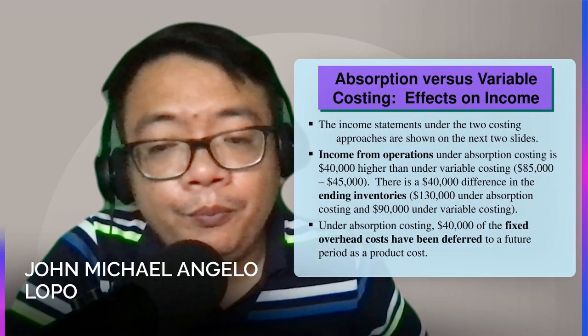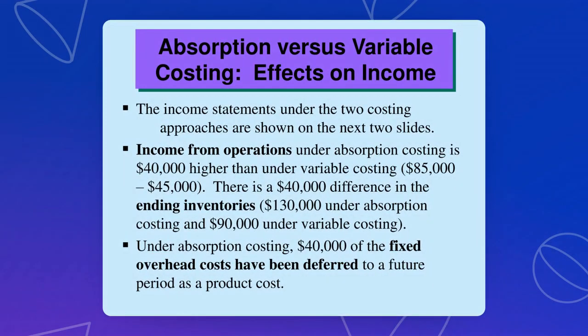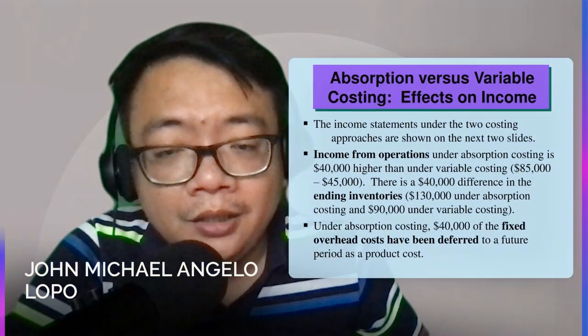You can compute that by just getting the ending inventory, no? So the income from operations under absorption costing is 40,000 higher than under variable costing. How do we compute for that? 85 minus 45. But we need to know first the formula. Magkano class yung ating fixed manufacturing overhead? Di ba 4? Yes, 4.